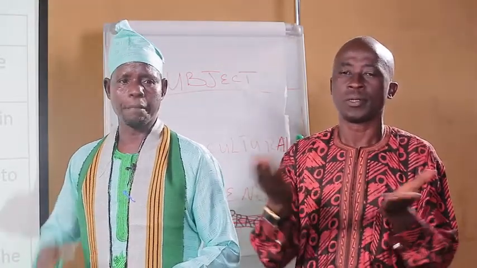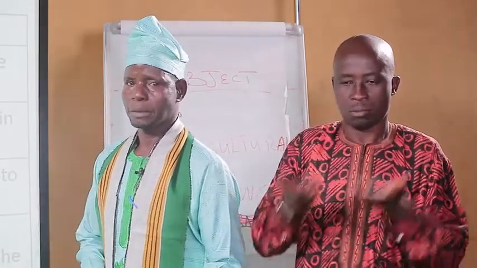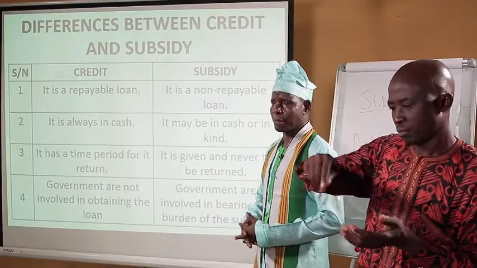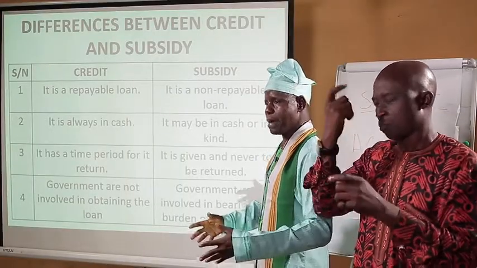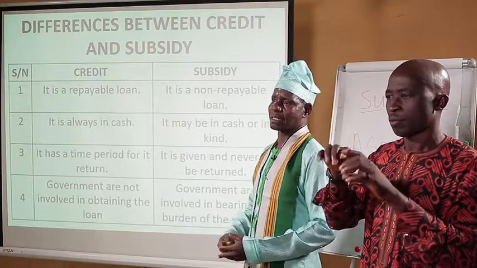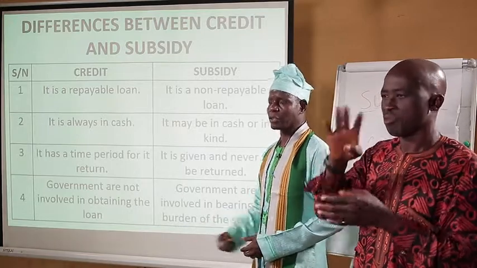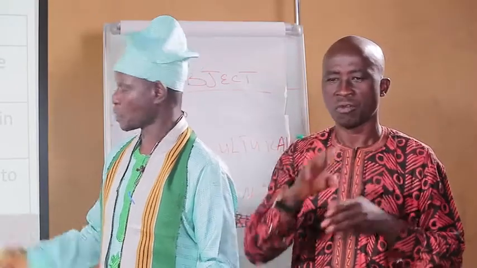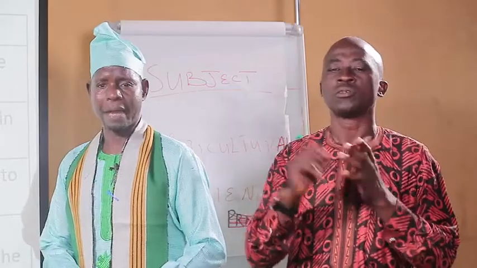Here, the government bears the burden. Example, fertilizers are bought from the companies by the government, maybe at the rate of 40,000 naira per bag, but sold to the farmer at the rate of 4,000 naira. So this is where the government is bearing the burden.